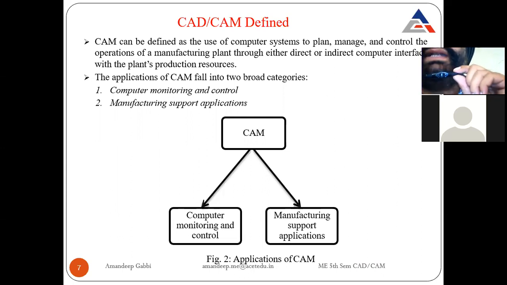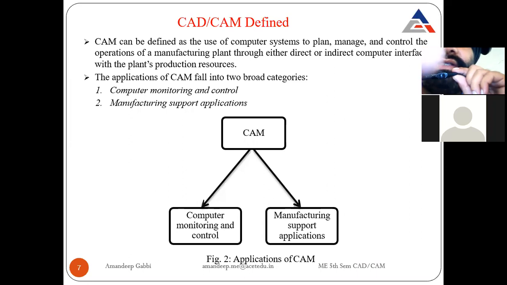Then the computer will monitor that the command is from 1 centimeter to 5 centimeters and that the diameter should be 30 mm. It will keep on checking whether that is achieved or not. If it is not achieved, the process will continue, and when it is achieved, the controlling process will stop.